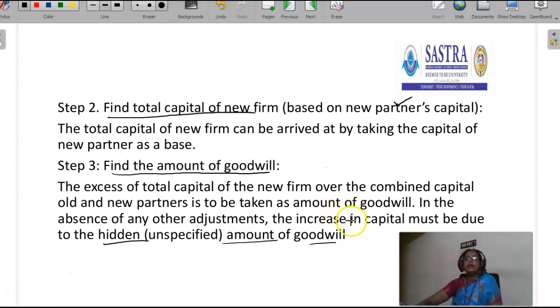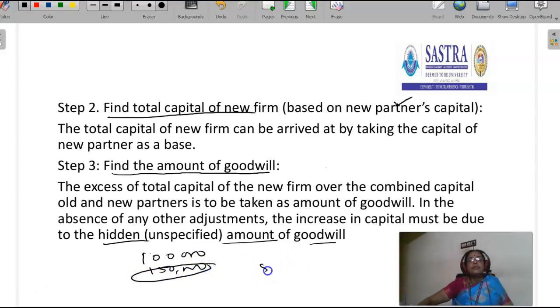Suppose the combined capital of old partners as well as new partner is 1 lakh rupees. Then the total capital on the basis of new partner's capital is 1,50,000. The excess amount is 50,000 rupees.